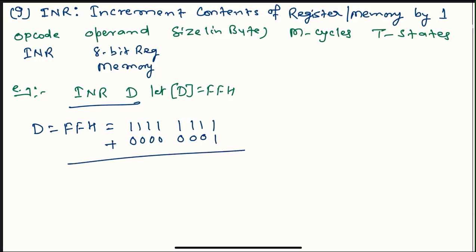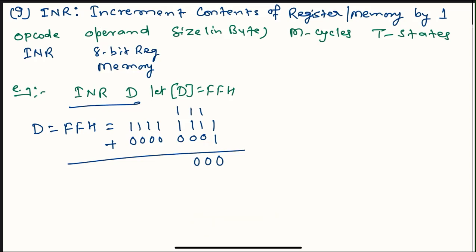So now we are adding this. 1 plus 1, sum will be 0 and carry will be 1. In the second stage, 1 plus 1 plus 0, sum will be 0, carry 1.